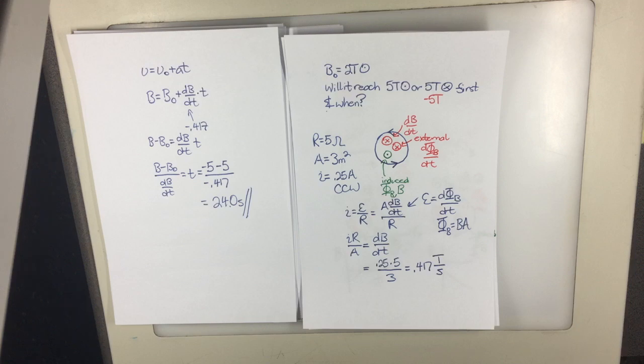In order for the external change in flux to be into the page, the B field must be into the page as well. Because if the change in B field was coming out, the external change in magnetic flux would have to be out as well. So this lets me know that I'm not going to go from 2 to 3 to 4, because that would mean this had to have been a circle dot.